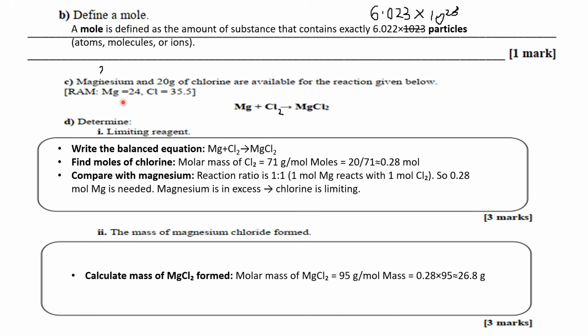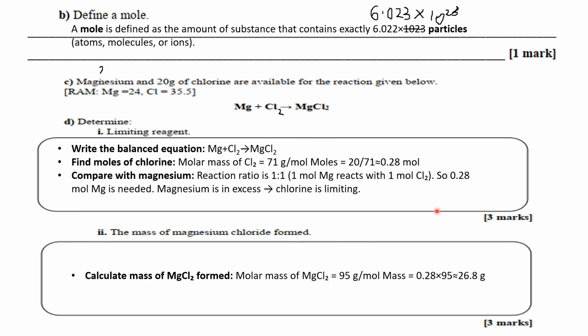Using the values given here, magnesium is 24, chlorine is 35 times 2 is 70, so 24 plus 71 is 95.